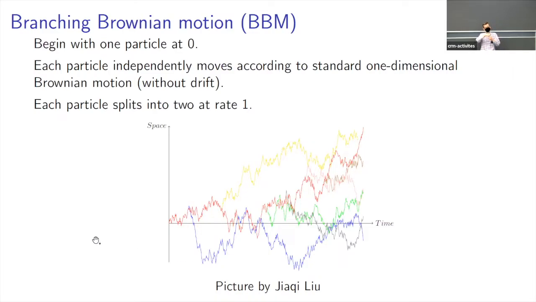They both move according to independent Brownian motions until they divide, and so on. In this model, particles never die, so the number of particles keeps increasing over time as we go in the picture from left to right. I should have mentioned that time is on the horizontal axis and space is on the vertical axis.